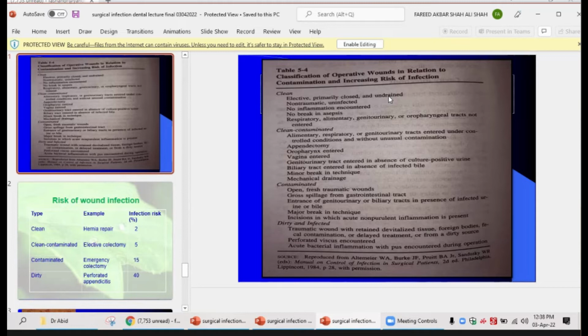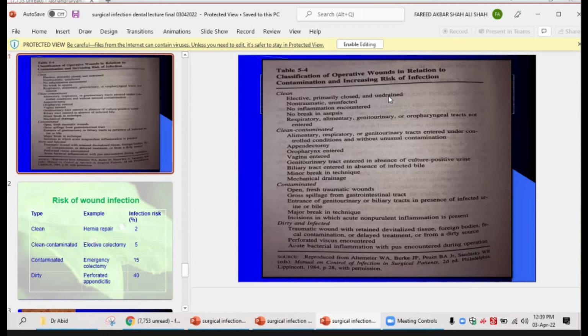Now this is the most important part to understand what is clean surgery. When the mucosa of the respiratory tract, the alimentary tract, the genitourinary tract, or the oropharyngeal tract is not breached, and you don't enter into a hollow cavity.